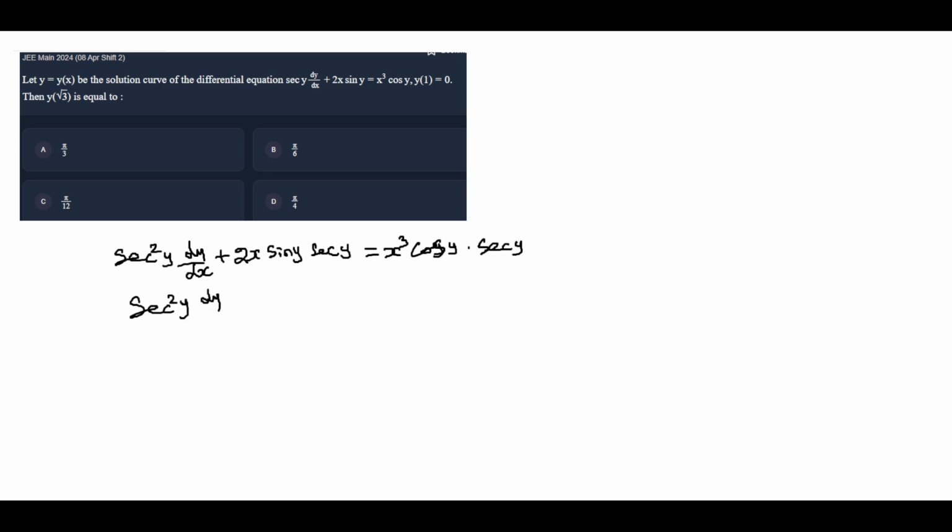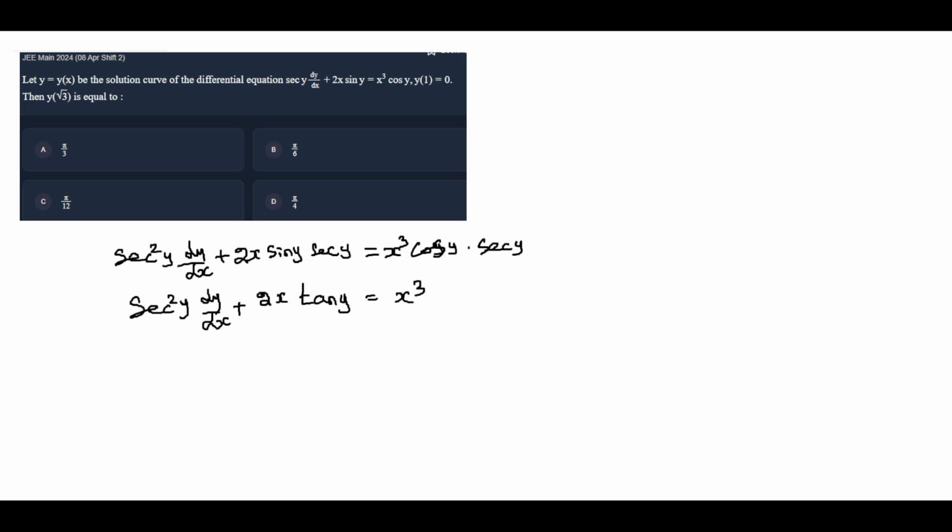I am multiplying sec y on both sides, so I get sec square y dy by dx plus 2x sin y sec y, which is equal to x cube cos y into sin y into sec y. Now sec square y dy by dx plus 2x sin y into sec y, which means 2x tan y, equal to x cube.